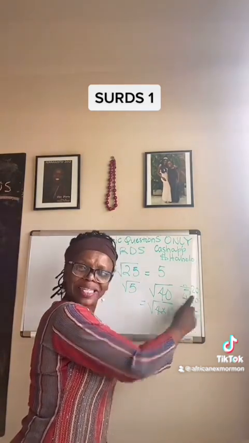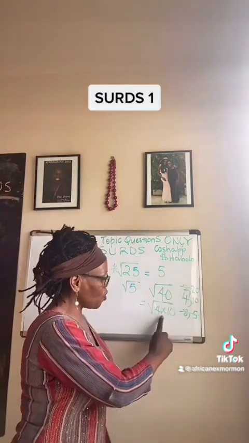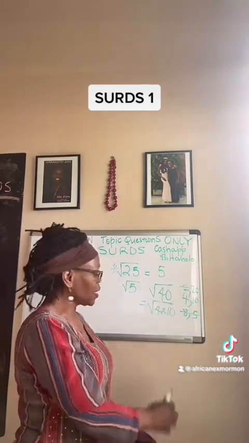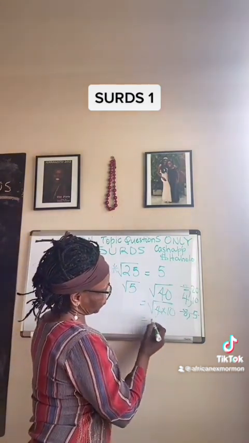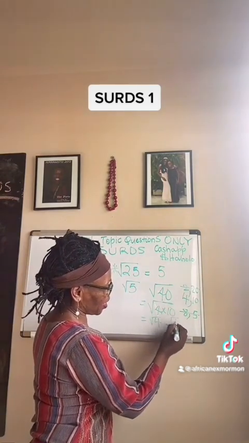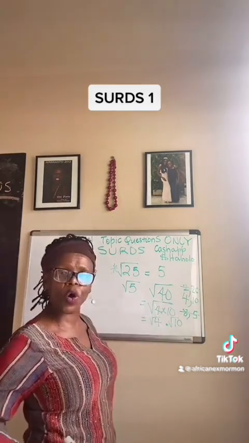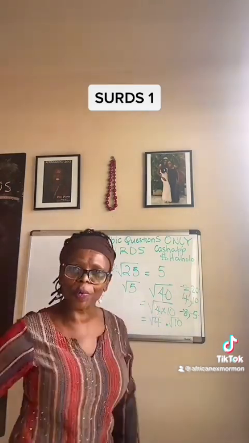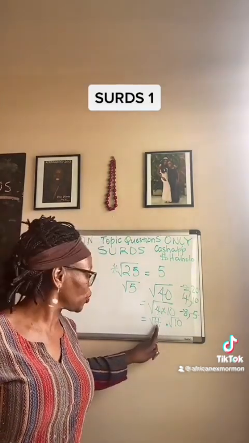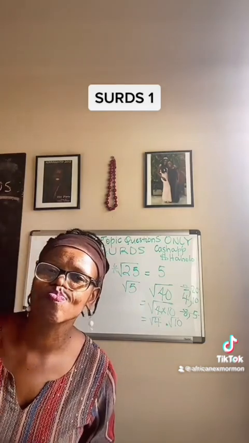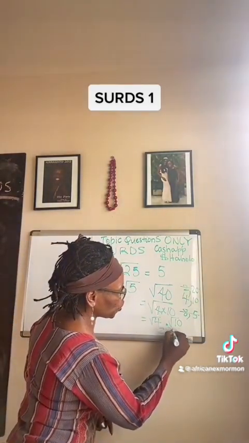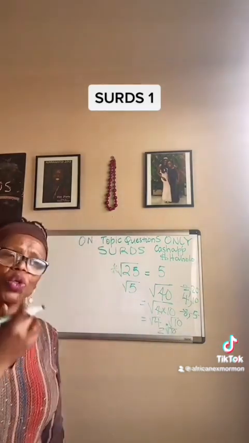No. 2 and 20? No. So 4 and 10, we can get the square root of either one of those. We can further break it down into the square root of 10 multiplied by the square root of 4. What's the square root of 4? It's 2. So our answer will be 2 root 10.